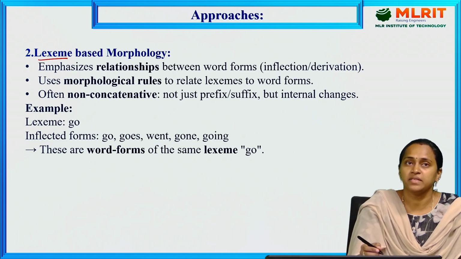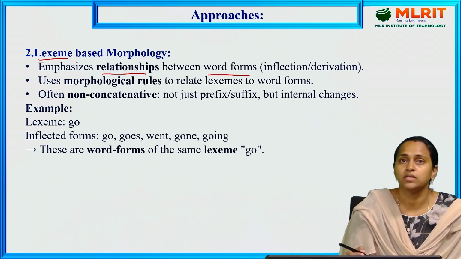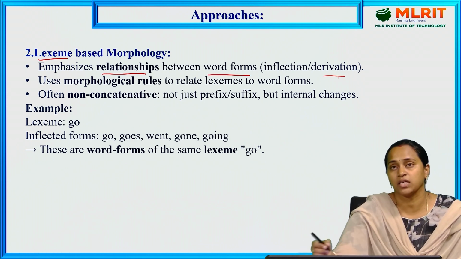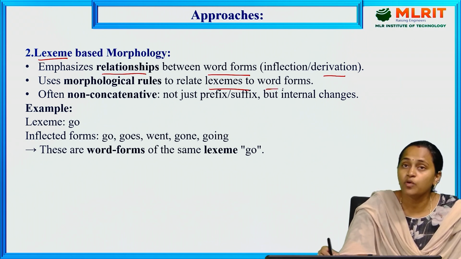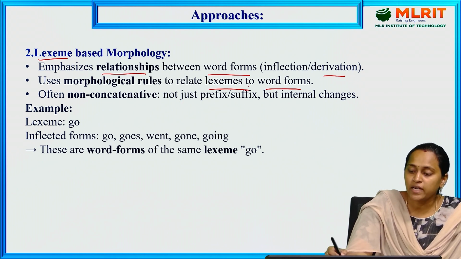Next one, lexeme-based morphology. It emphasizes the relations between the word forms, that means the relations from the derivations, that means structure. It uses morphological rules, that means regular expressions and context-free grammar, to relate lexemes to word forms.